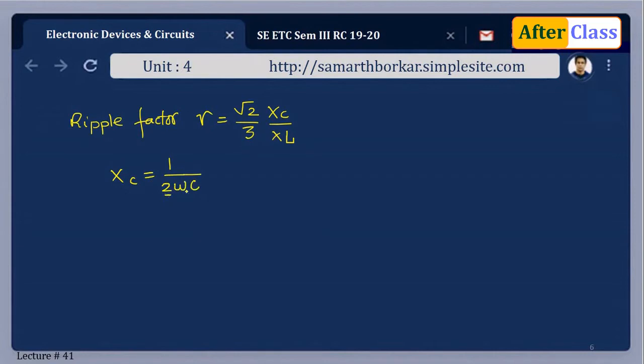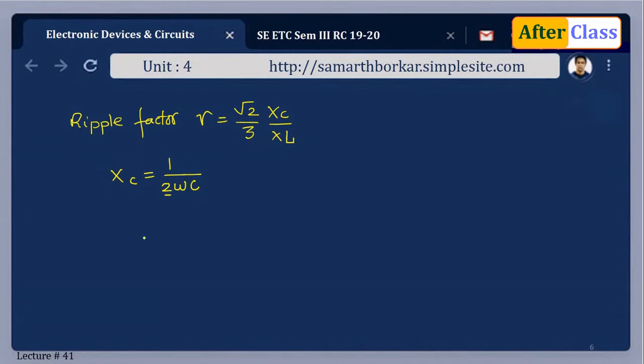Now why are we taking this 2 here is because the frequency after a full wave rectifier increases. Fine. If the line frequency is 50 Hz, so after rectification this becomes 100 Hz.